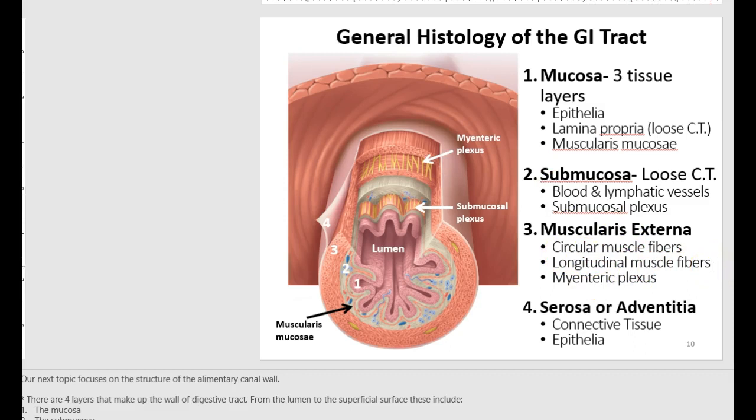In the stomach, we'll see there's 3 layers. It also contains neurons, a plexus of neurons. That plexus is called the mesenteric plexus and is also part of the enteric nervous system. And then the most superficial layer, labeled number 4, the serosa, is made up of connective tissue. And on its surface is the visceral peritoneum, which is made up of epithelial tissue.